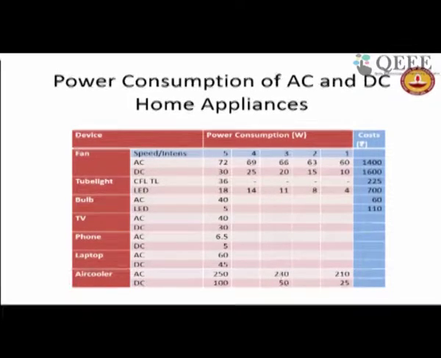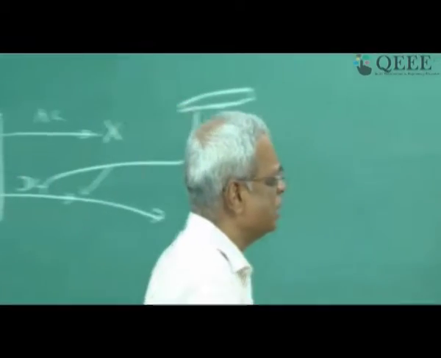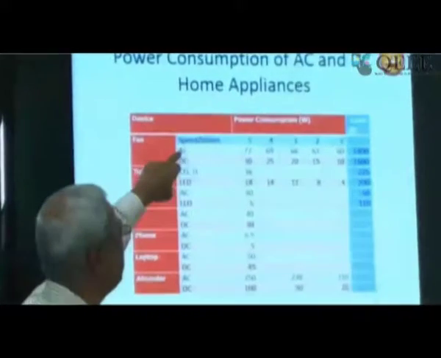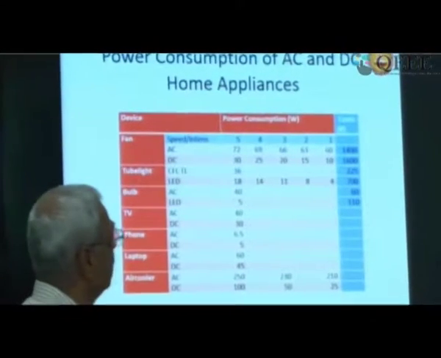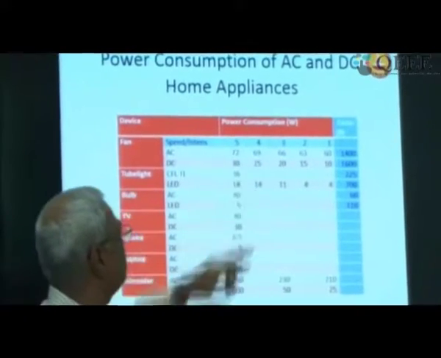Let us take typical homes. I have taken first the home appliances. So look at the appliances and I have listed here what is the power consumption. Take a fan. A fan can be an AC fan or a DC fan. Now the AC and DC fan can have 5 speeds, 1, 2, 3, 4, 5.